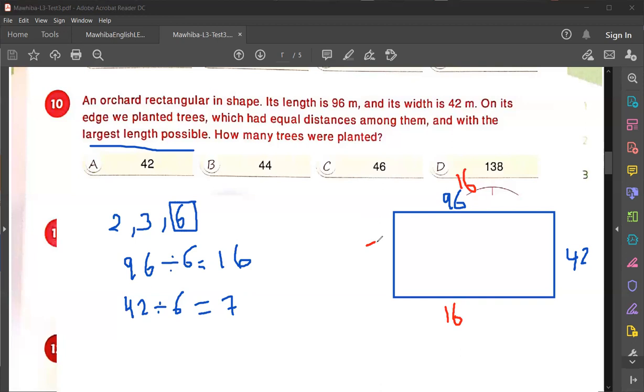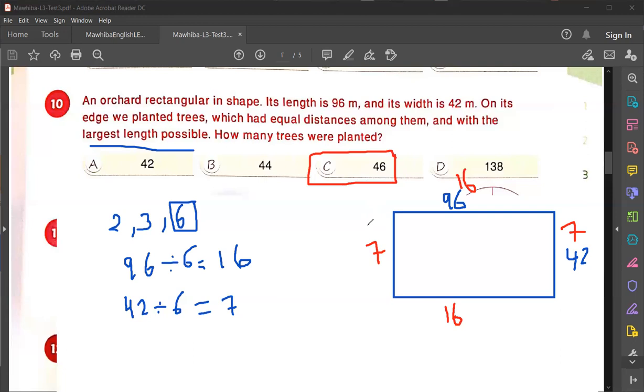And in the width, you can plant 7 trees here and 7 trees here. Then you add the trees. 16 with 16 is 32, and 7 with 7 is 14. So the answer is 46. Do you see?